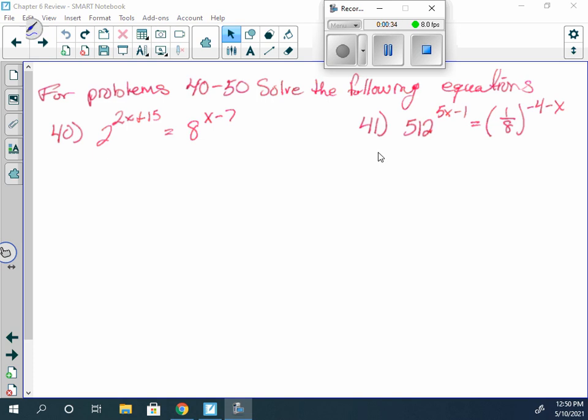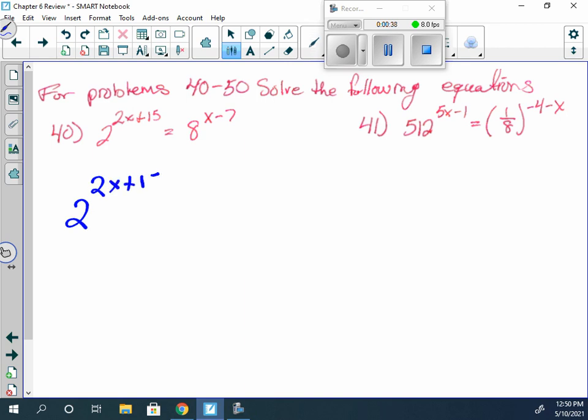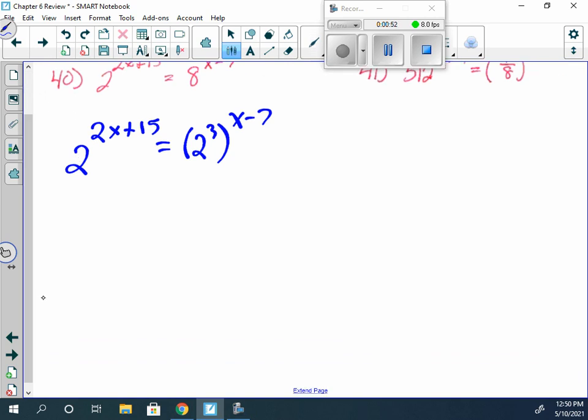Okay. So with 40, what we're needing to do is rewrite it so that the bases are the same. So we can rewrite 8 as 2 to the third power. Then we can multiply through, we can distribute the 3 through. 3 times x would be 3x, and 3 times 7 would be negative 21.